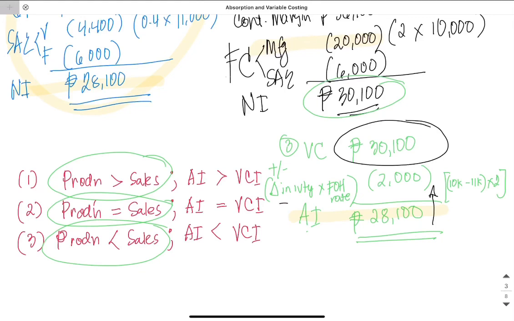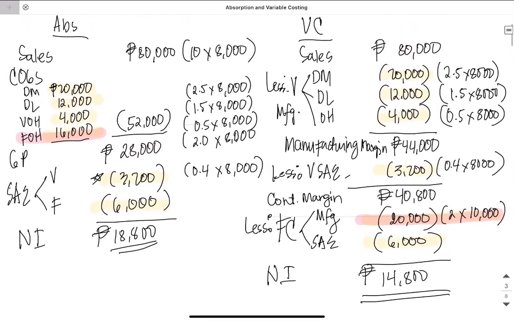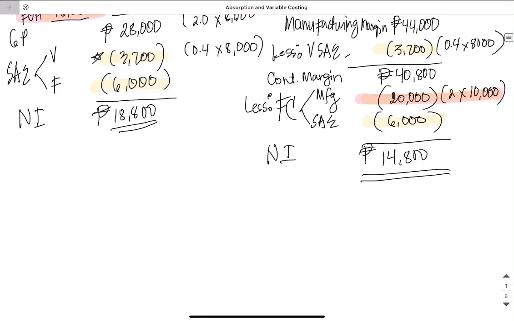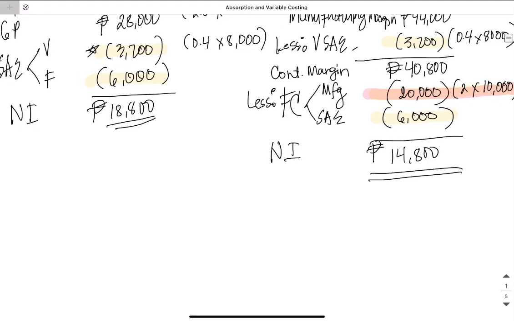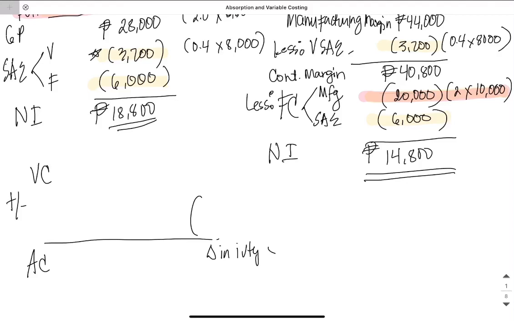Let's reconcile question number 1 and see if we're going to have the same answer. Let's assume in this case we are more comfortable in answering absorption costing income. So variable costing again, absorption costing, so plus or minus change in inventory times fixed overhead rate.